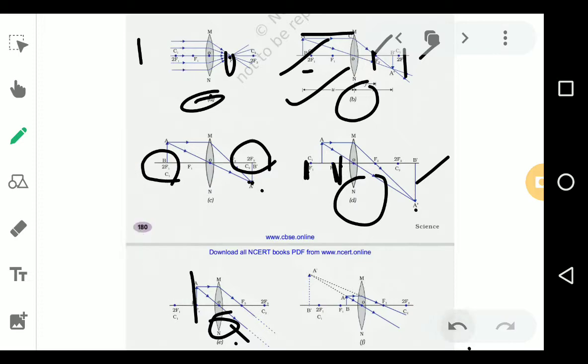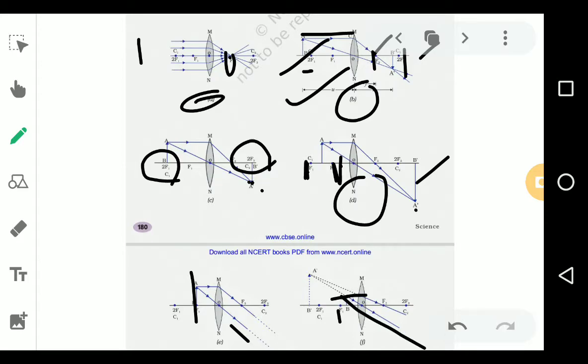Okay, so the last one is very different from all these five. So in the last one you can see the object has come very much closer to the lens. AB is the object which was placed between F1 and O. So here also one light ray is coming parallel, another one is passing through the center.